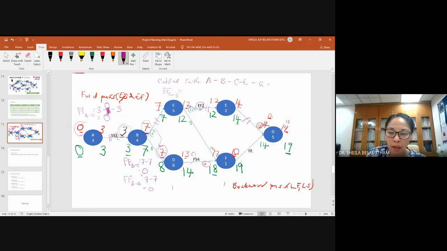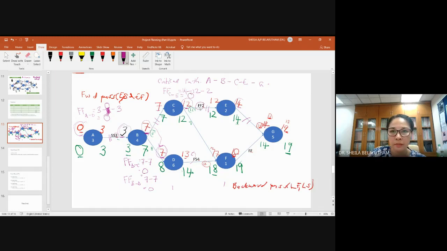For activity C, the early finish of the next activity, 14, minus the early finish of the current activity, which is 12, minus 2 days lag, will give you 0.